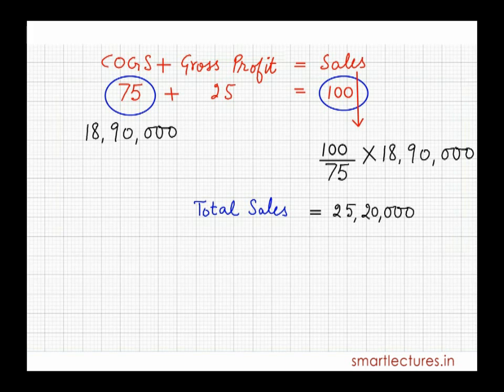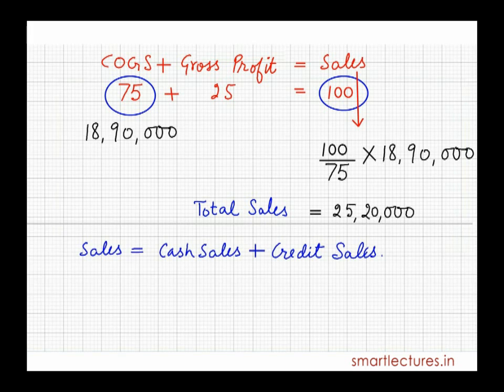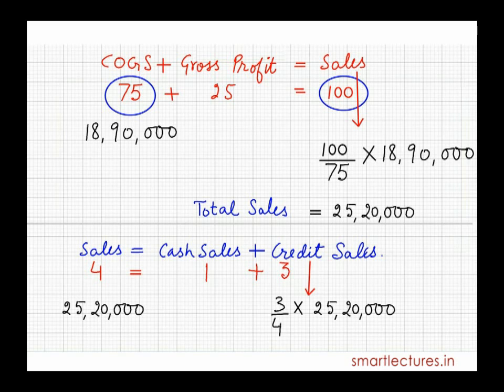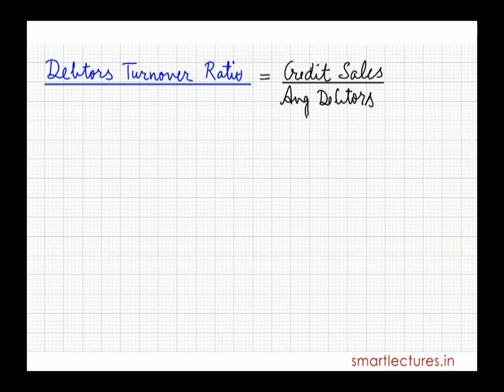So we have got the total sales, but now we are looking for credit sales. As per equation, if total sales are 4 rupees, in that case, credit sales are 3 rupees. If total sales are 25,20,000 rupees, then credit sales will be 3 upon 4 into 25,20,000 rupees, means 18,90,000 rupees. Now we can calculate debtors turnover ratio because we have got each and every information.